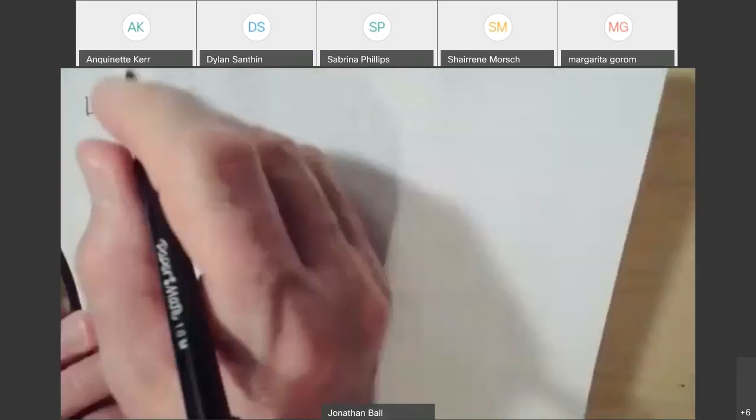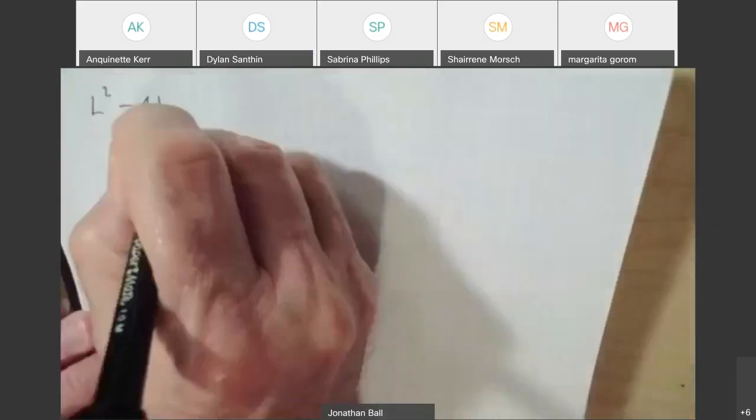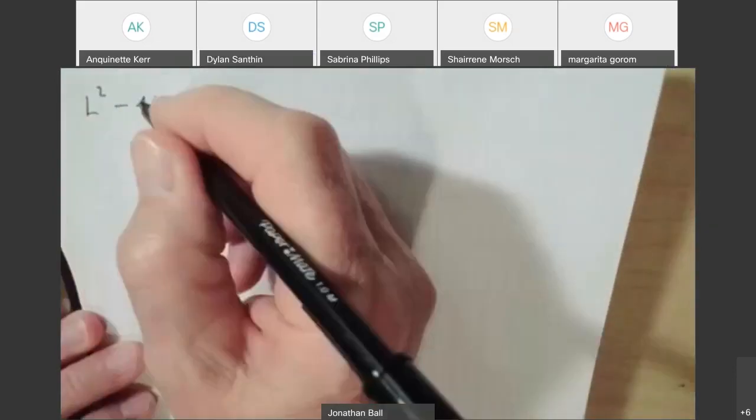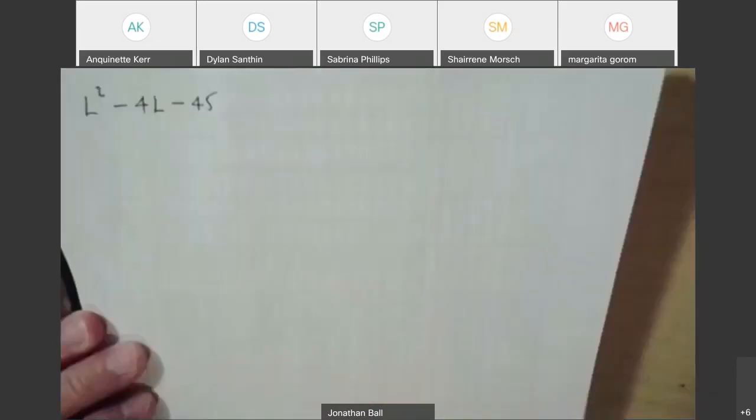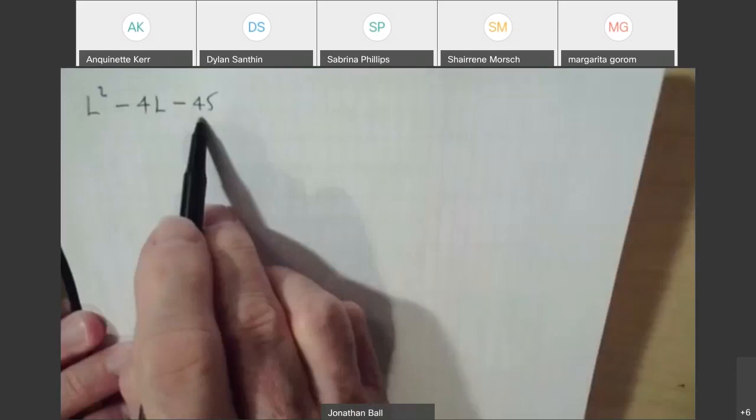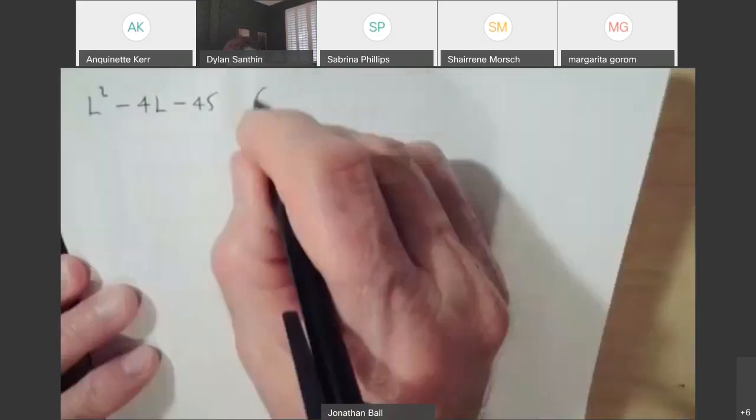L squared minus 4L minus 45. There's only one way you can get a negative 45 here, and that's going to be L plus something and L minus something.